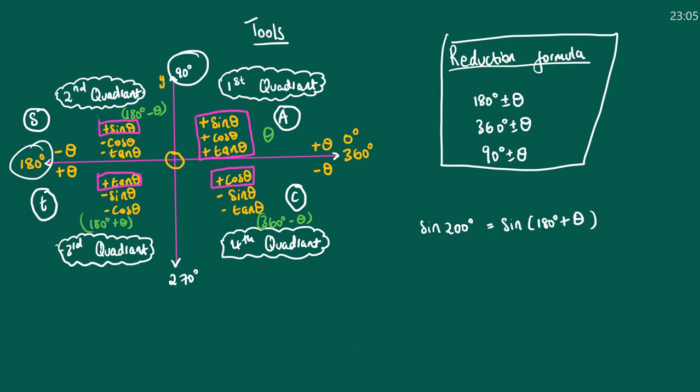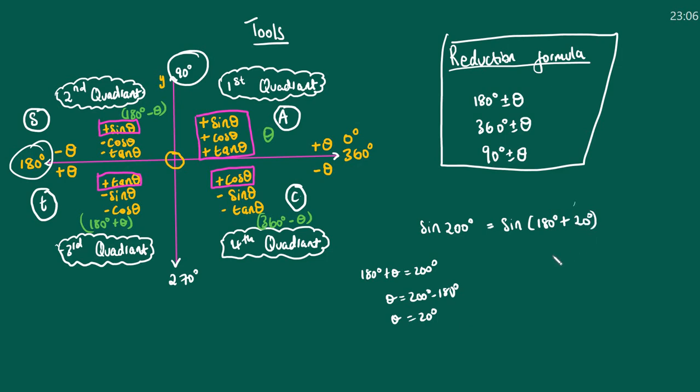If you don't know what angle to add so that you get 200, say 180 plus, open your bracket, then find that angle. Remember, you can say 180 plus theta is equal to 200, then solve for theta, which is 200 minus 180, so theta is 20 degrees. Then that is the one you put there.